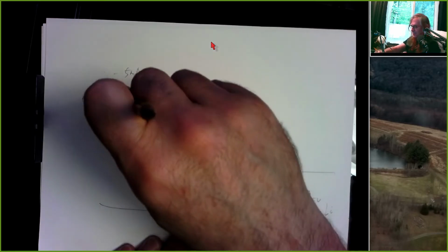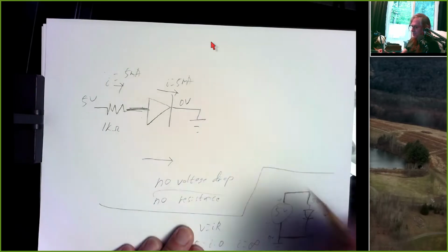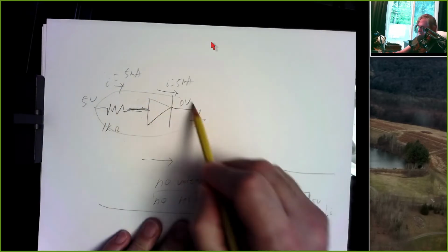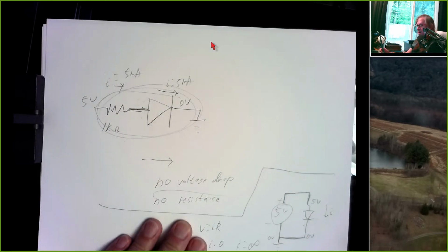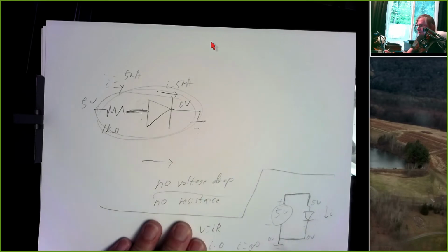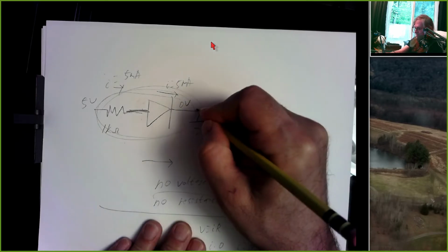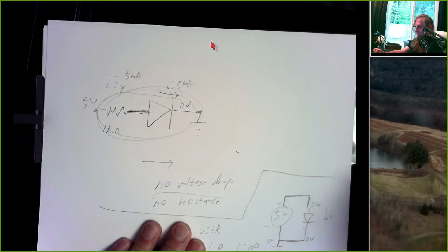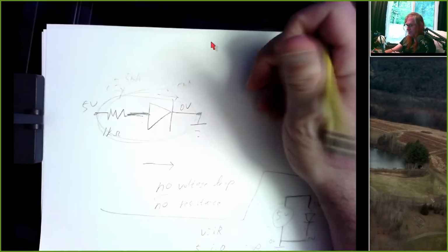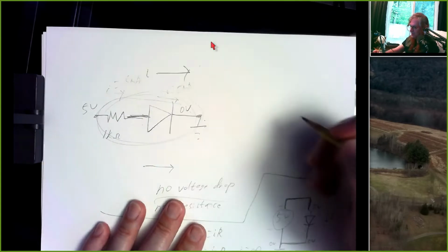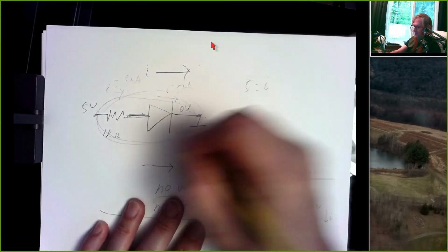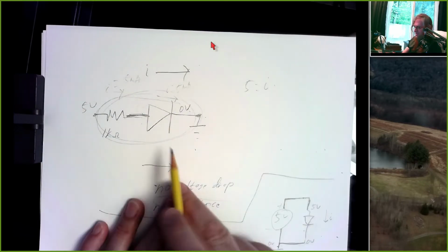There's no voltage drop across the diode, so this is 0 volts here. But think of this as a box that has 1 kilo ohm resistance and a 5 volt drop. So we have 0 volts on this side, 5 volts on this side. And so just think of your current flowing through this. And that voltage drop is equal to the current that we don't know times the resistance. Well, this has no resistance.